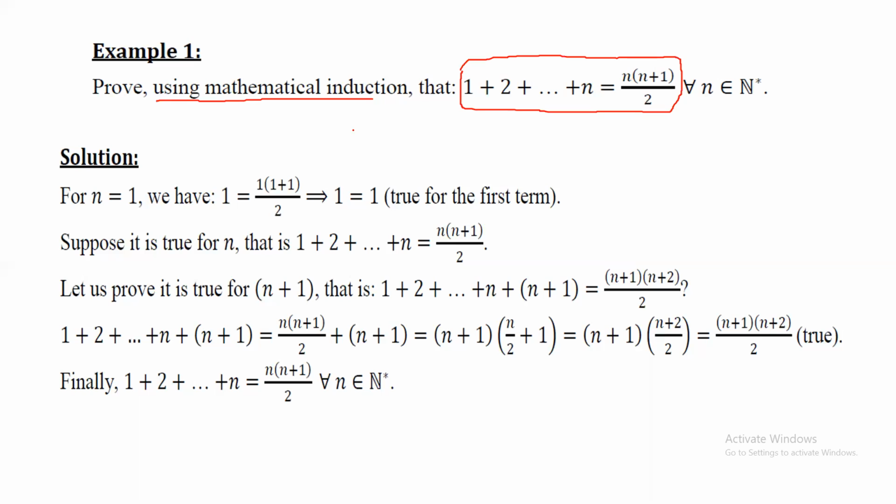As we said, in mathematical induction we have 3 steps. Hide the first step, don't write. So the smallest value of n is 1. For n equal 1, I take the first number here, 1, and here I replace n by 1. 1 equals 1 into 1 plus 1 over 2, so 1 equals 1.